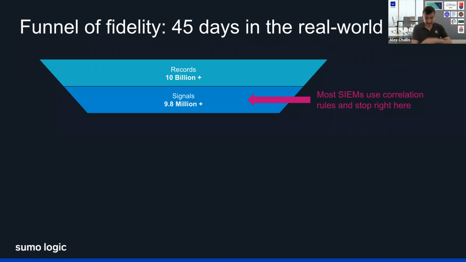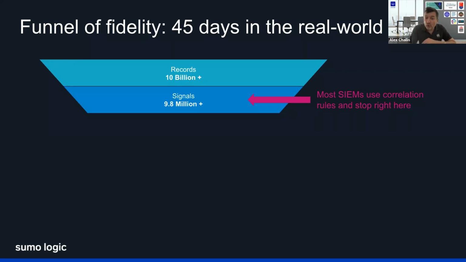So this is, as I said, a real world example. This is actually a global manufacturer who sent more than 10 billion log lines to Sumo Logic during a 45-day proof of value evaluation. And our Cloud SIEM automatically ingested and normalized these log lines into what we call records, more of that a bit later.